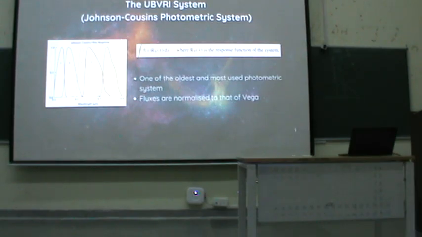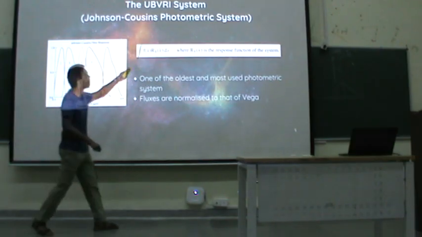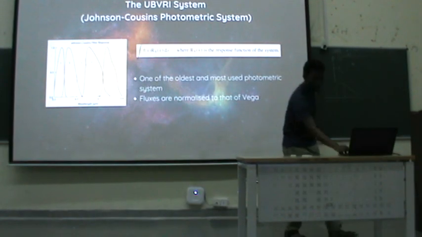You multiply these two functions and take the integration, so you get the area under the curve of the product of these two functions. That is your magnitude in the specific band you are considering. So this is the integration.